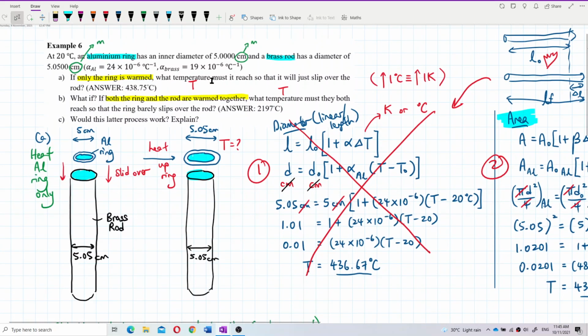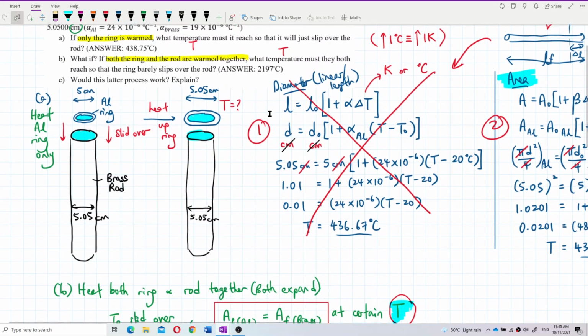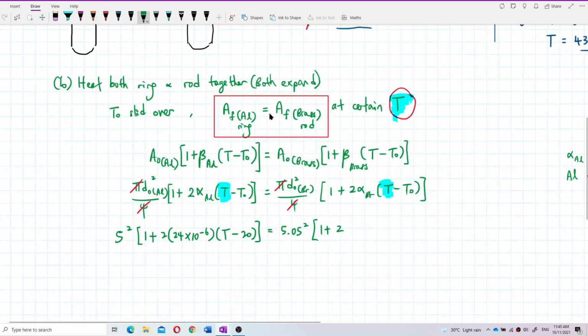Smaller alpha expands slower, 19 exponent -6, and then T minus 20. So we want to find the T here. Seems a bit complicated, but we have to work it out. So I worked it out for you.